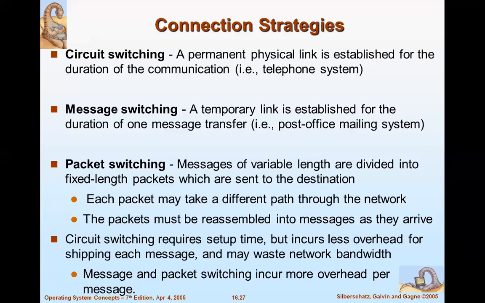The next one is packet switching, where messages of variable lengths are divided into fixed length packets, which are sent to the destination. Over here, you have different types of packets, and there is a possibility that every packet follows a different route to reach the destination node.